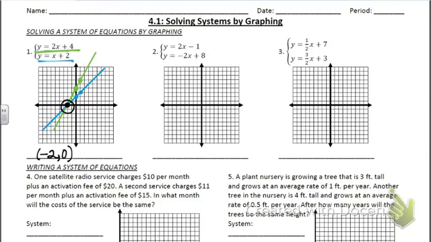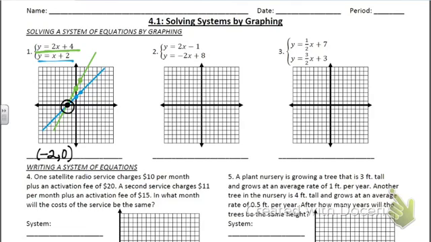So what issues do you see with using graphing as a way to solve a system? Yeah, while we do try to be as accurate as possible, when you are graphing by hand, it's not always the most accurate. If I'm using Desmos to graph a system, do you think it will give me an accurate line every single time? Yes.